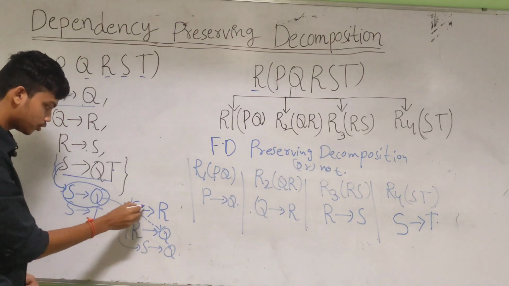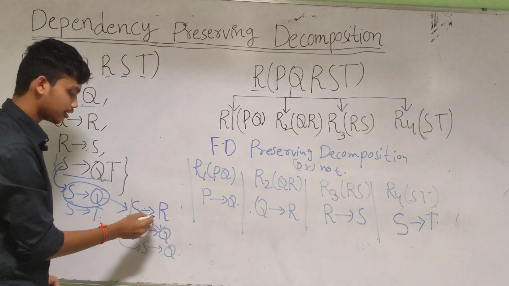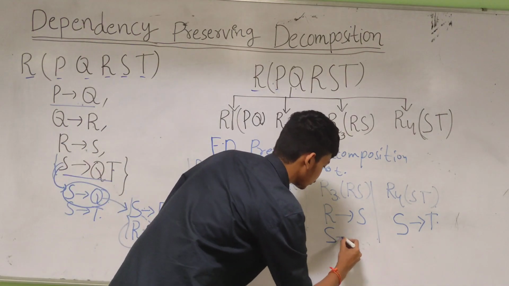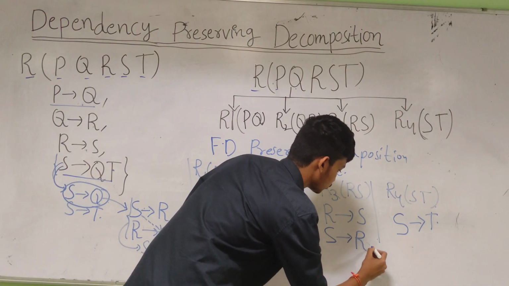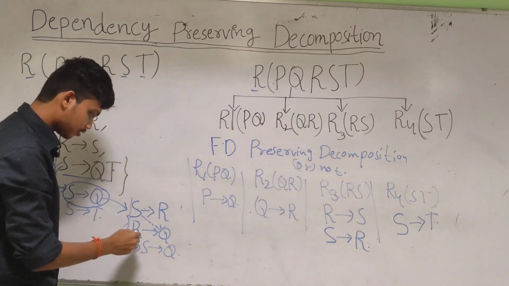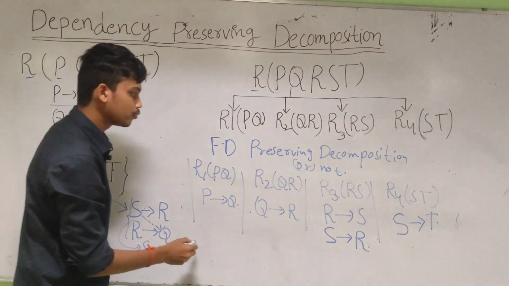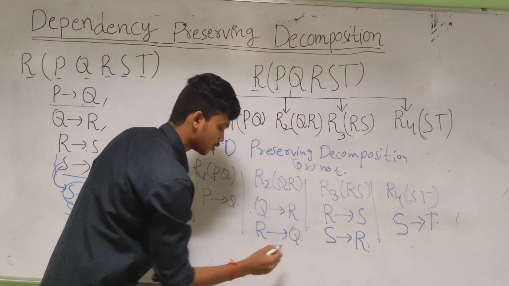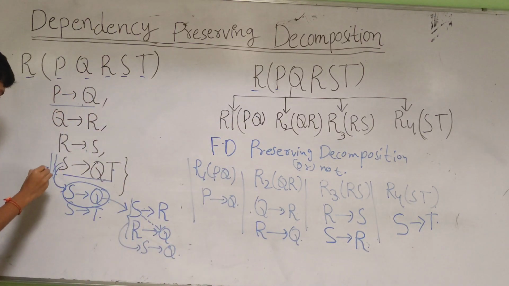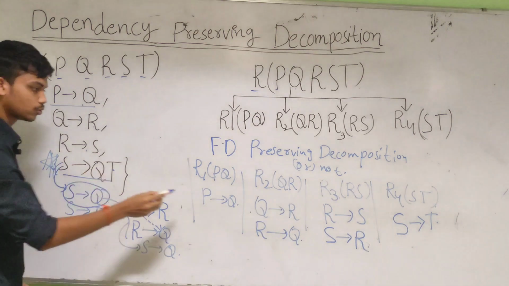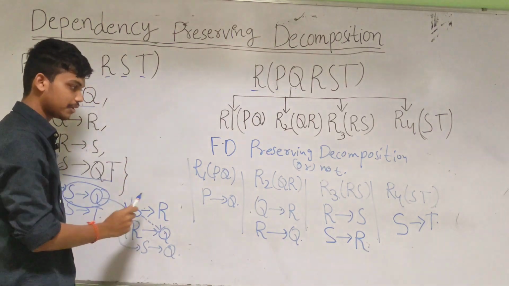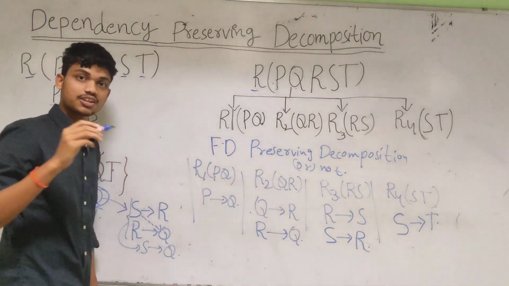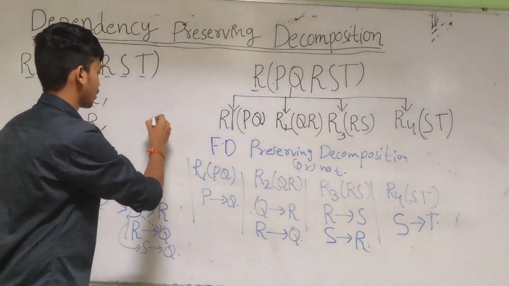So if I write S to Q in this manner, S to R can be fitted in this one, and after that R to Q can be fitted here. This step is very important. So we are able to fit all the functional dependencies in these tables. So this is a functional dependency preserving decomposition.